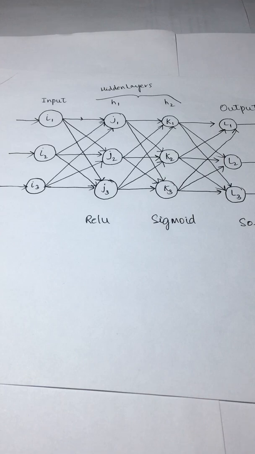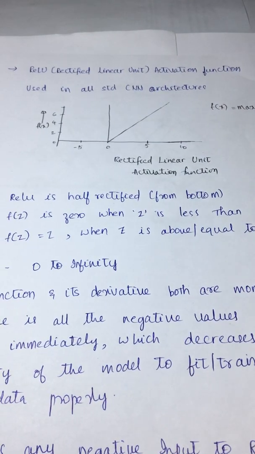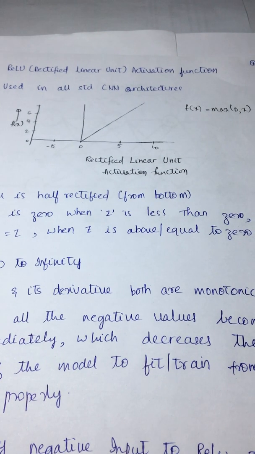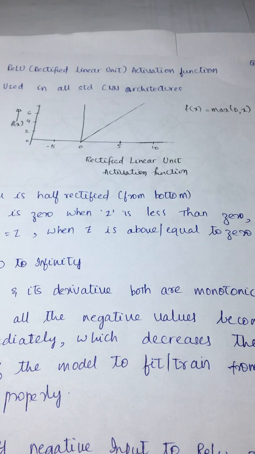The next commonly used activation function is called the ReLU activation function. ReLU is nothing but rectified linear unit. ReLU is nothing but max of 0 and x. So whatever value you get, you just take the maximum of 0 and x.